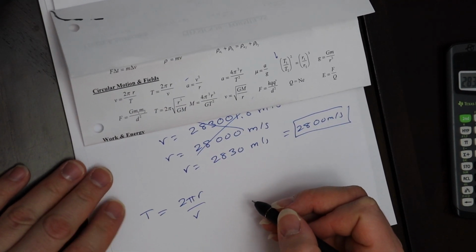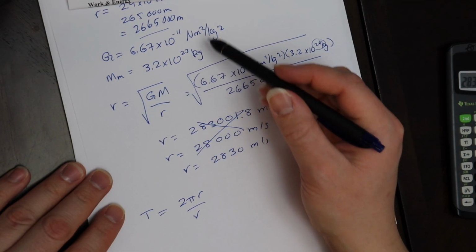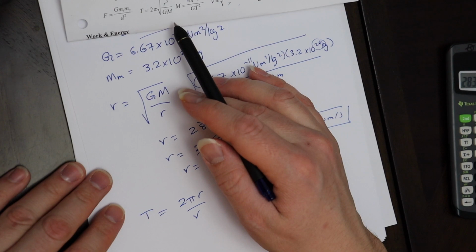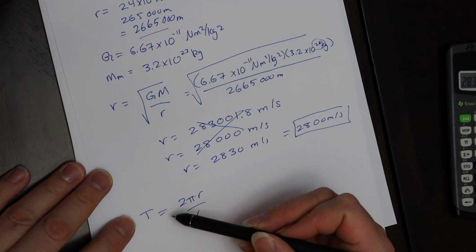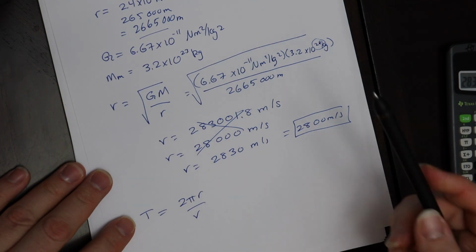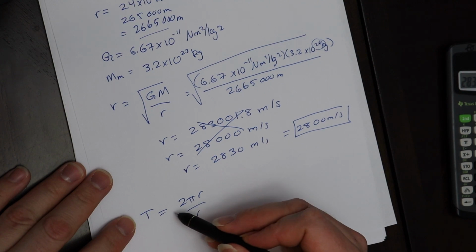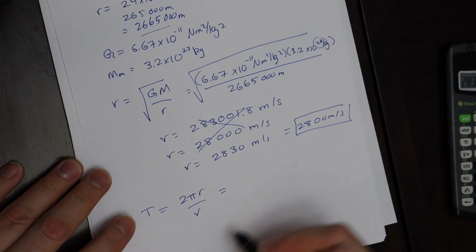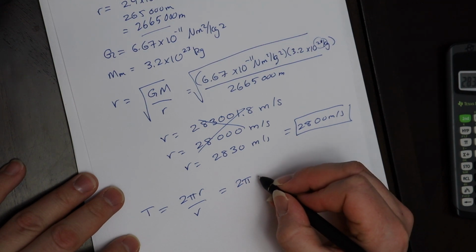Now, people think because there's planets involved, I have to use big G, I have to use this complicated formula. You can, but as far as this is concerned, the period doesn't care if it's a planet or a tetherball or a car, right? The radius and the velocity in this formula will give you the period. Okay, so once you have the velocity, you can just jump back to these easy formulas.